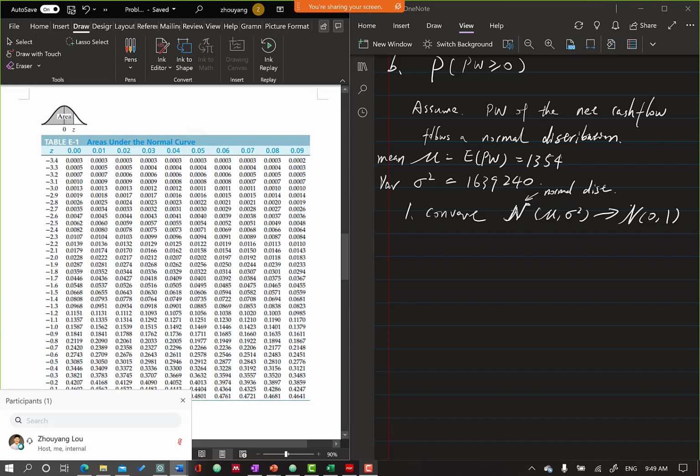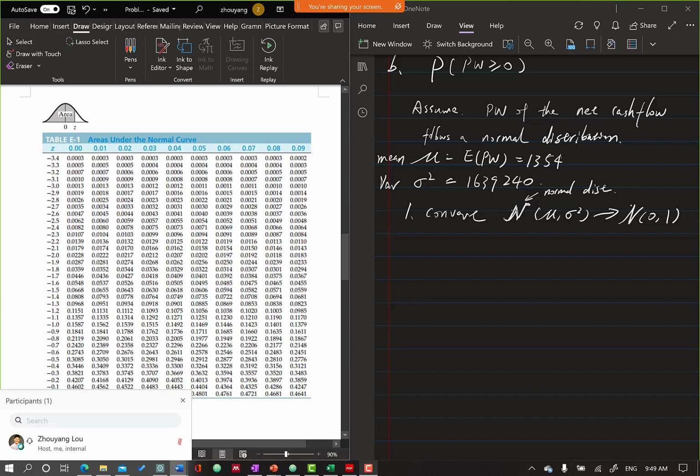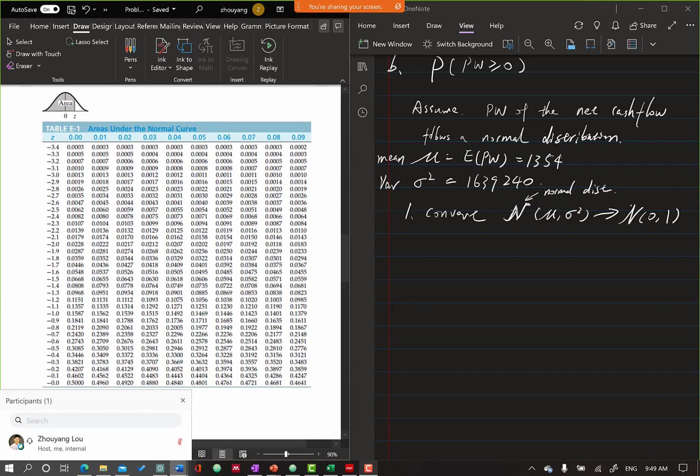So this normal distribution is at the mean 0, and the variance is 1. So we want to convert that to really get the probability. That's just the area under the curve, under this curve before the value C.